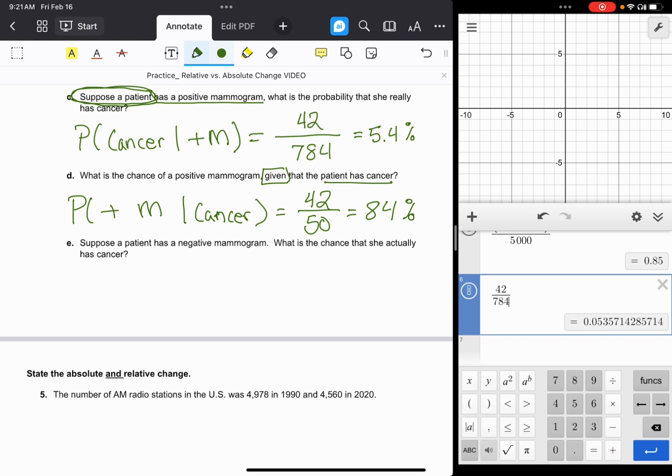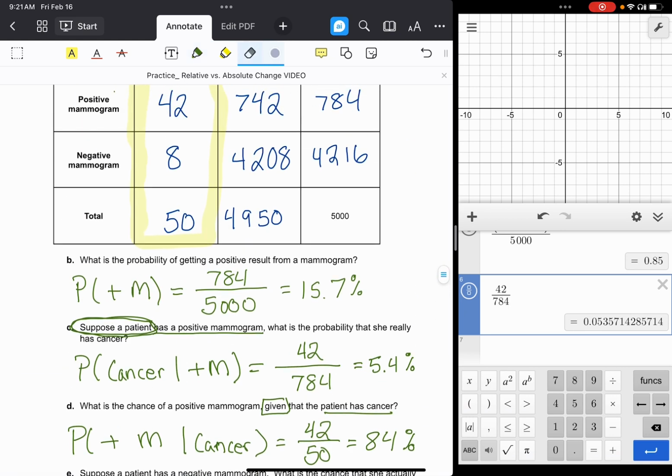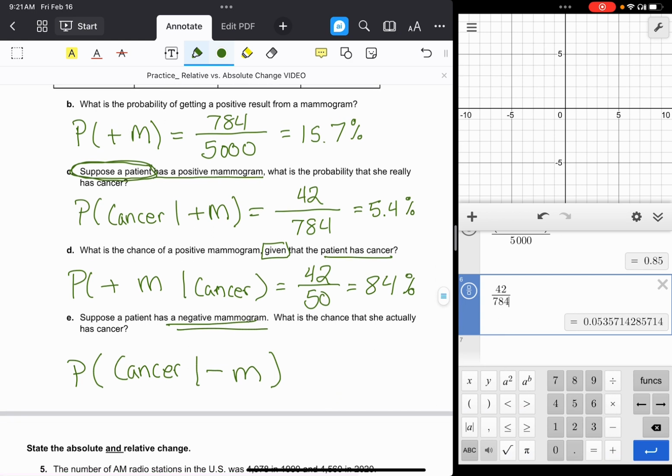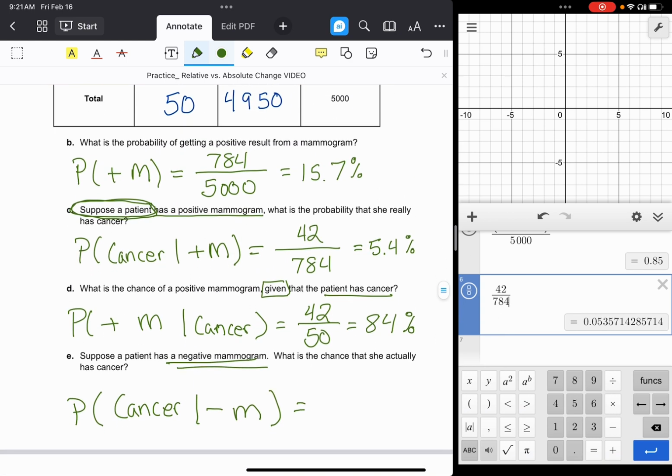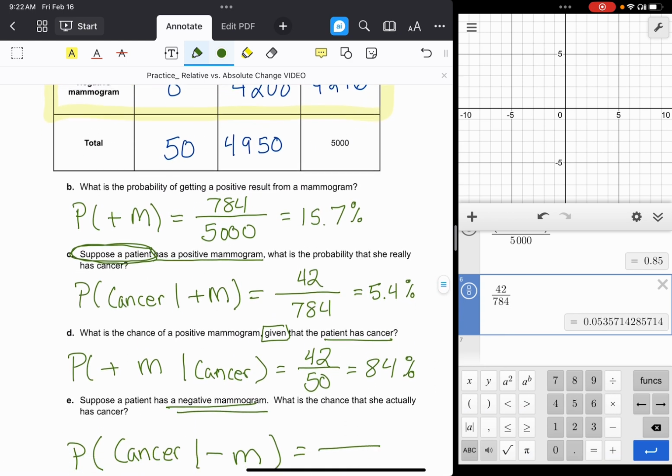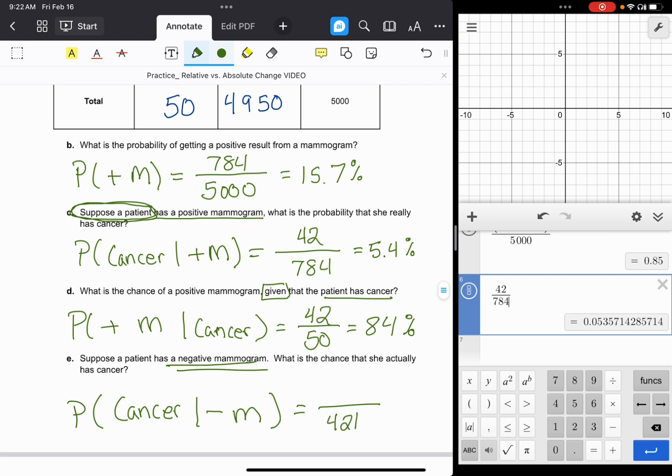All right. Suppose a patient has a negative mammogram. So we have another conditional one here. My subgroup here is my negative mammograms. So with a negative mammogram, what are the chances they actually have cancer? Ooh, we're looking for our false negatives. So let's subgroup: we want the people with negative mammograms, and we have 4,216 people in that subgroup.